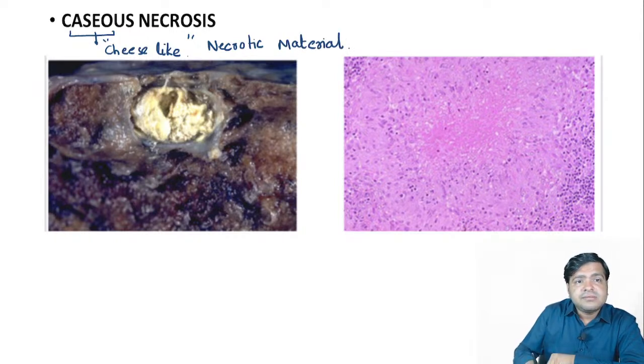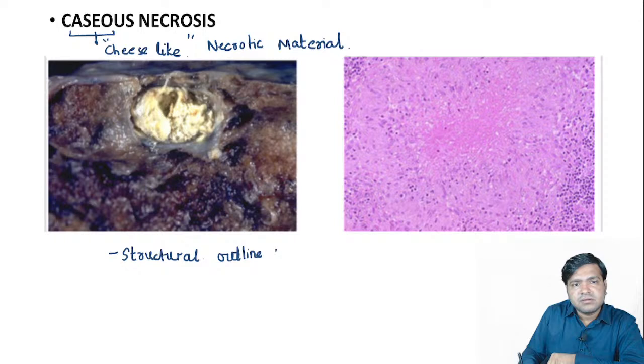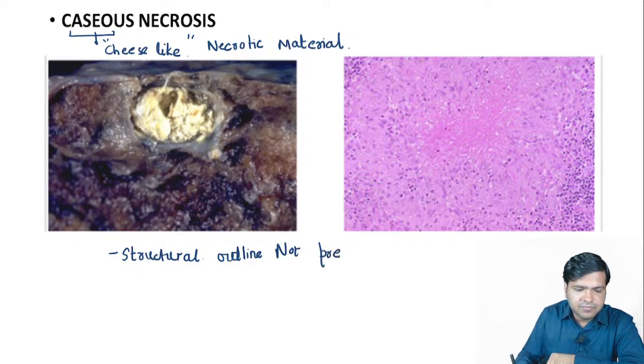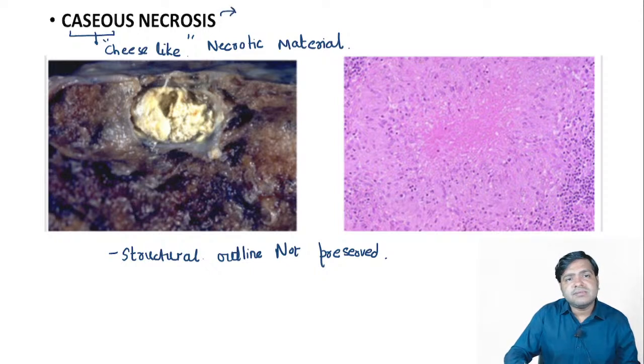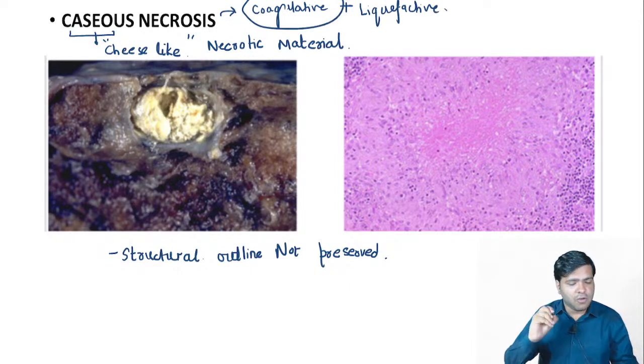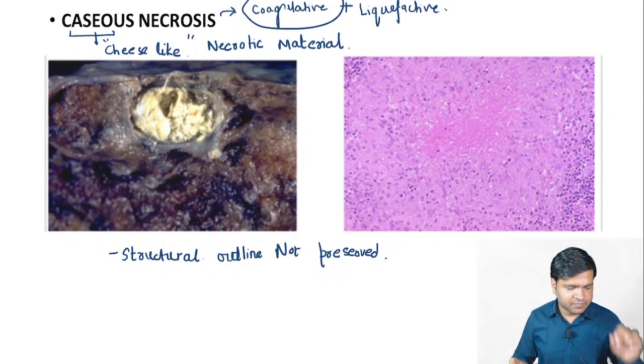The structural outline is not preserved. In caseous necrosis, you can see the coagulative part as well as the liquefactive part together, but majority it is the coagulative which is dominant.